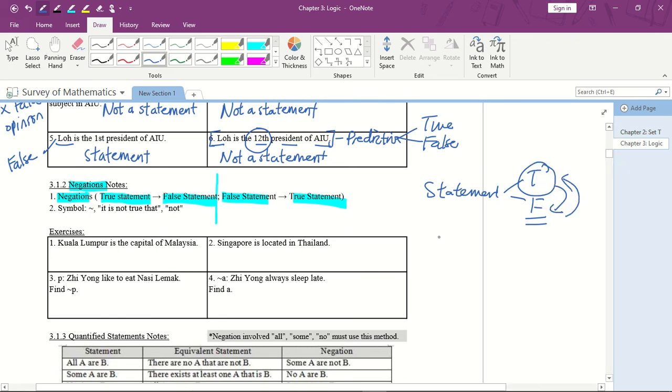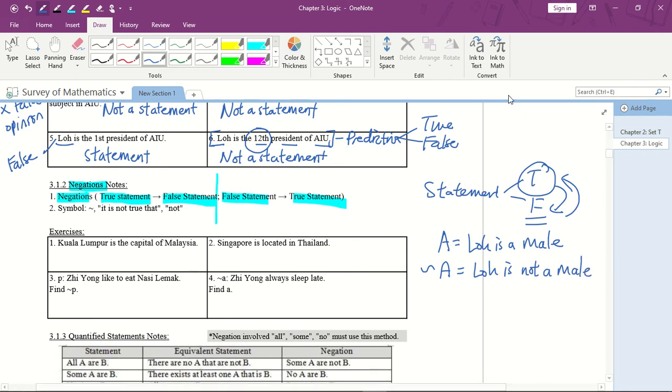So for example, A is equal to: Law is a male. If I put a negation, negation is with this symbol. This is the sign of negation. It will be: Law is not a male.